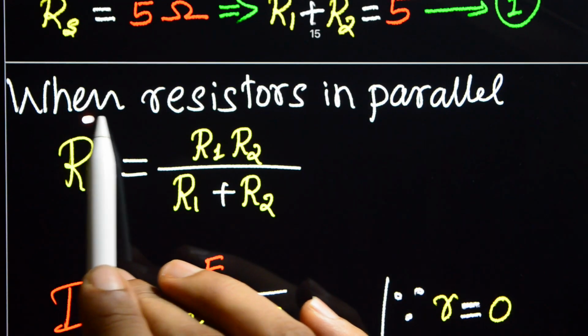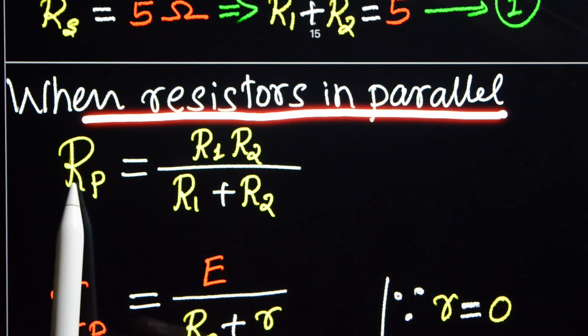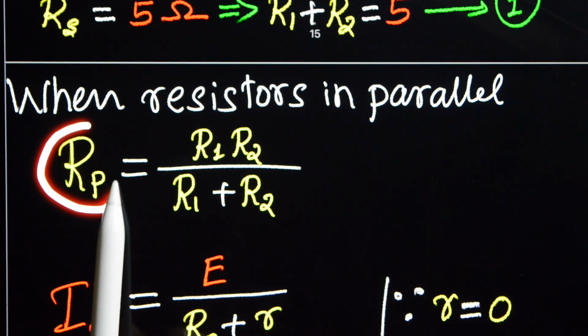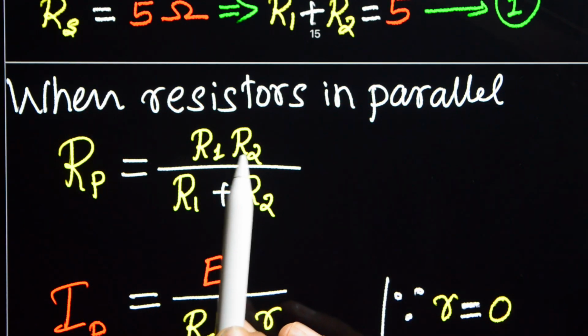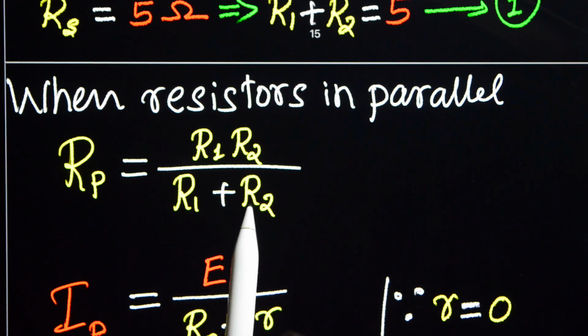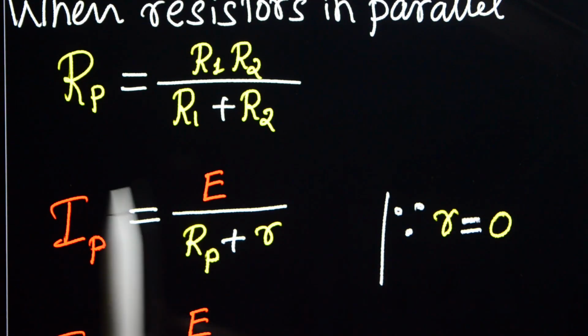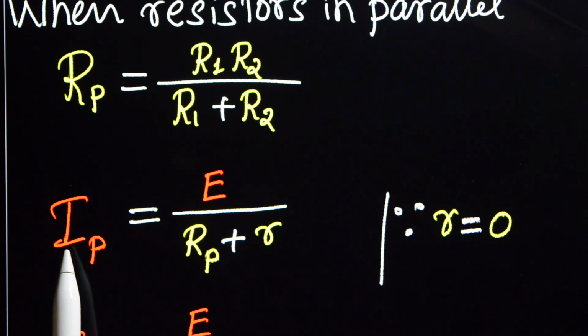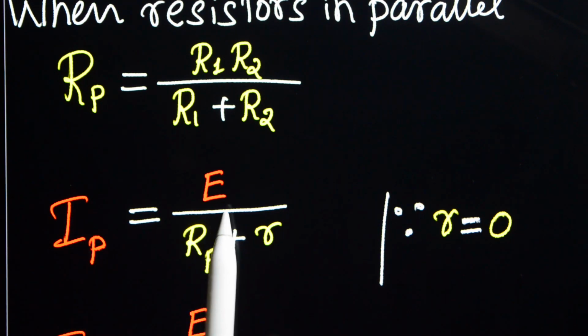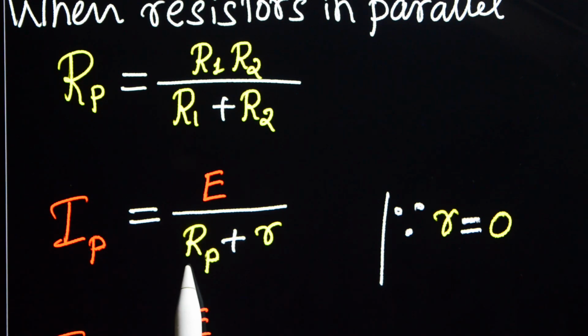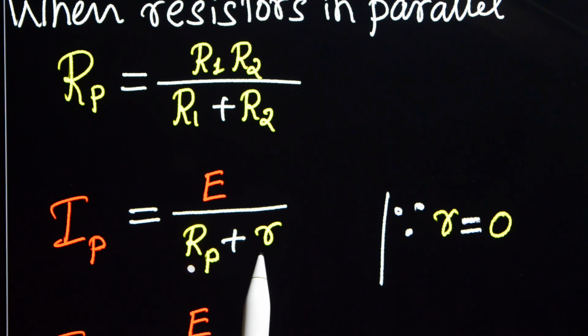When resistors are in parallel, the effective resistance Rp is equal to R1 into R2 divided by R1 plus R2. The main current in the circuit is given by I subscript P is equal to E divided by Rp plus small r.